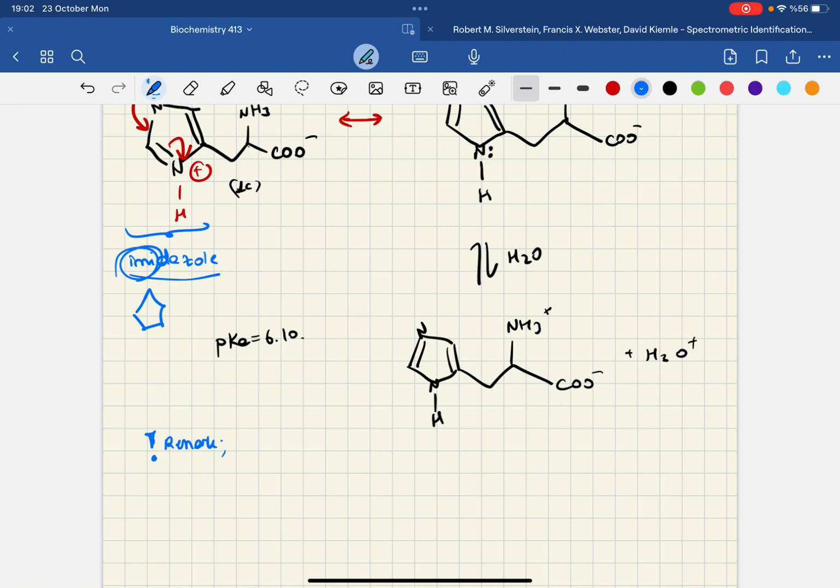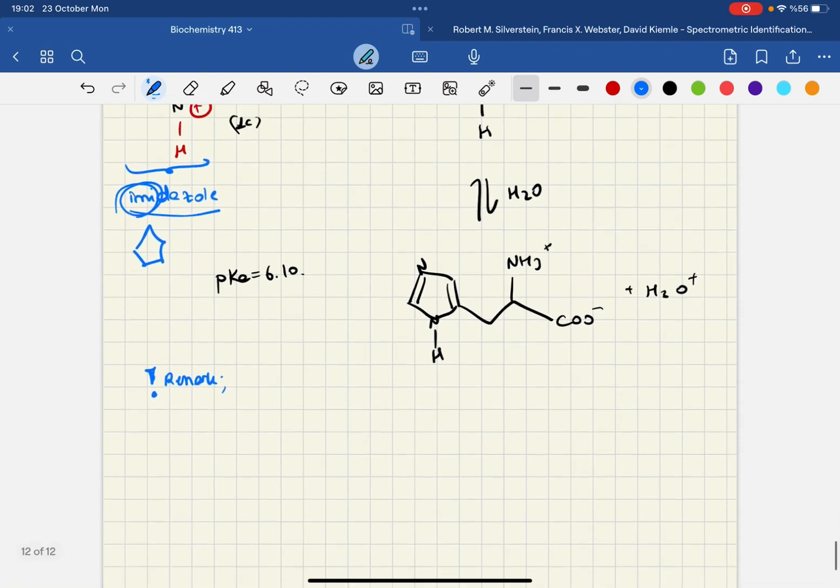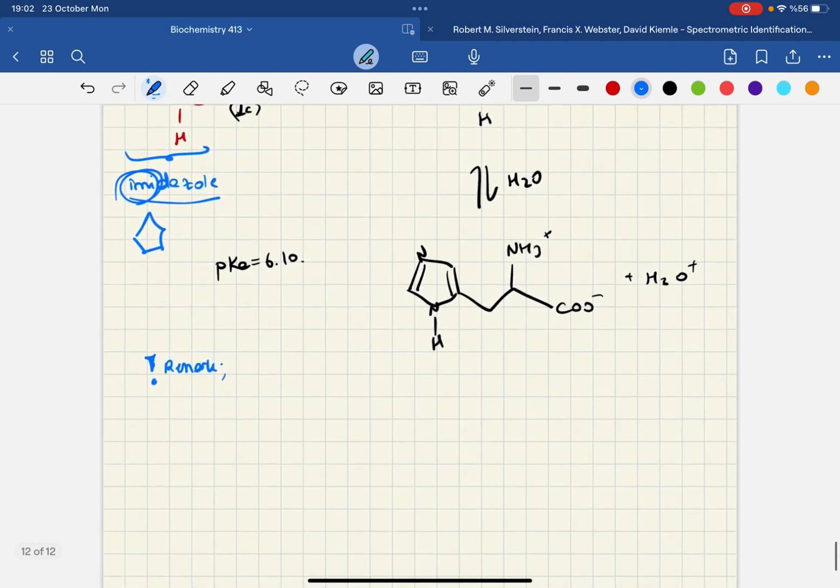Now let's go back to our remark, and our remark says that only one of the imidazole nitrogens is basic. We have 2 nitrogens, all right? Only one is basic, the other's lone pair is part of the aromatic system.